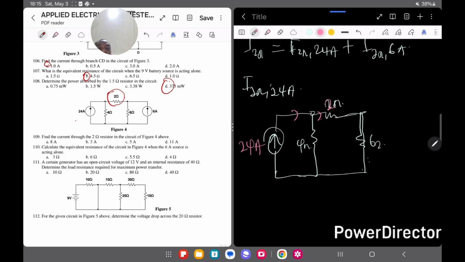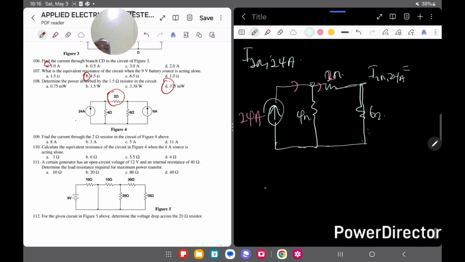The current passing through 2 ohms due to 24 amps acting alone is going to be equal to 1. But before we do that, you can see that the 2 ohms and 6 ohms are in series, so we have to get the equivalent resistance there. So I can sketch another diagram.